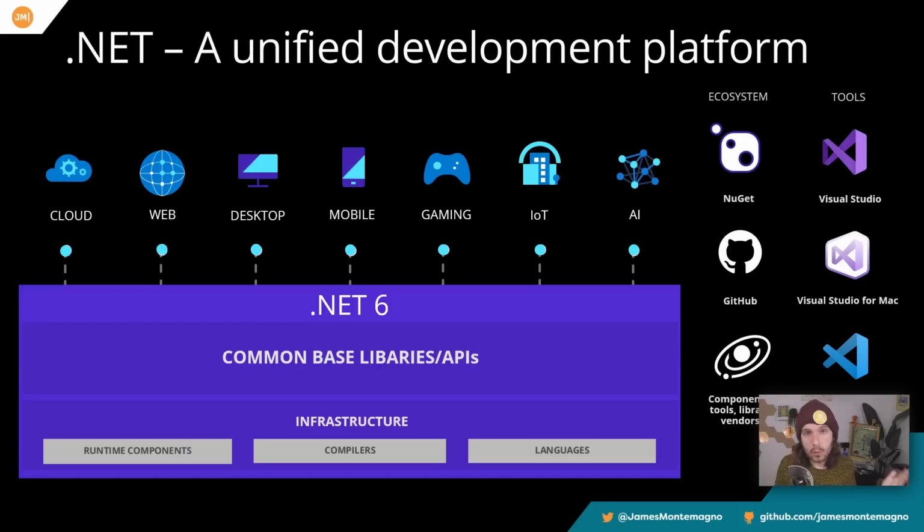They're coming from the web world, and that's something similar to NPM, or from Swift, for example, CocoaPods. And of course, you have a vast ecosystem around GitHub, GitHub Actions, Azure DevOps, other CI and CD services, and of course, an amazing ecosystem of components, tools, library vendors, and a whole lot more.